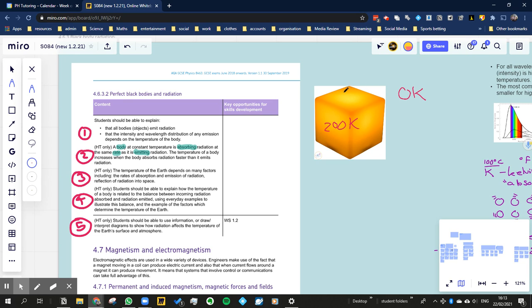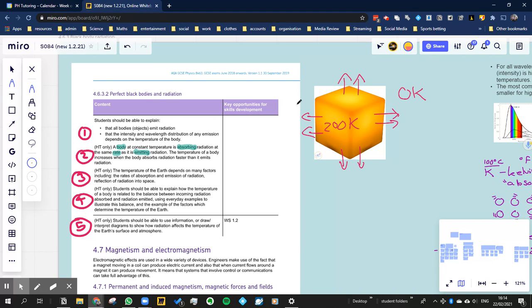Clearly now the energy is going the other way, because we're heating up the room and the energy from the body is leaving the body and going into the external environment. It doesn't have to be a room, of course. It could just be open space, which is much colder. And so this would be the emitting. How many arrows I draw represents how quickly that energy is leaving, and so that would be the rate.